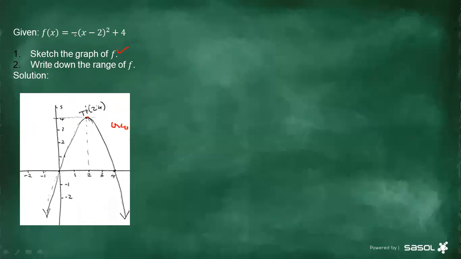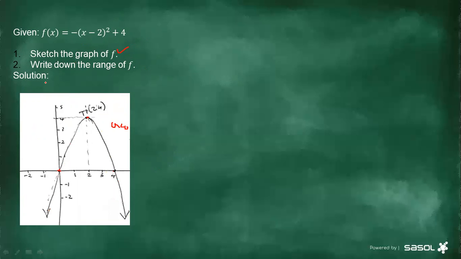You can see it's -1 there, so a is less than 0, right? And the y-intercept, remember, it was 0, and the x-intercepts we had 0 and +4. You can see that, right? That is the shape of the parabola.